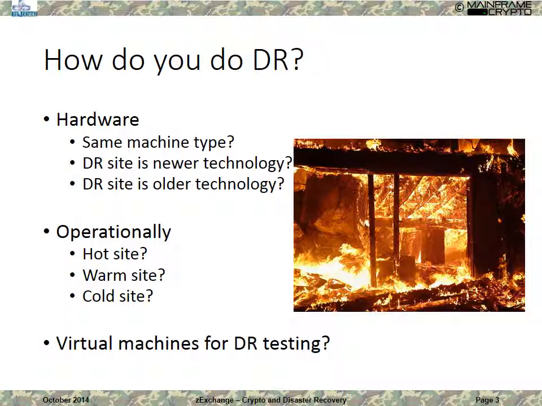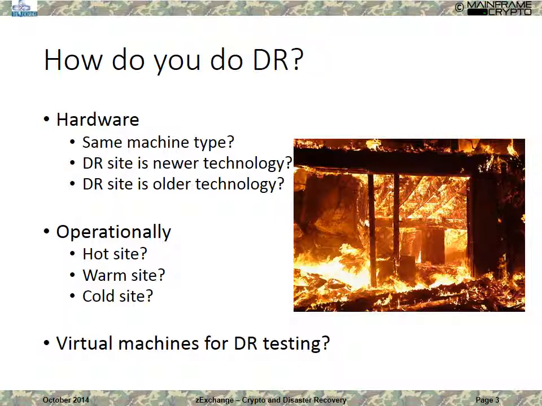But even more basic than that, you also have to consider the hardware platforms that you're running on. And the reality is, even if you're running identical hardware in production and DR, maybe you're running a zEC12 in production and you have a zEC12 at your DR site, if they're not identical down to the microcode level, then there's a possibility that you could have functionality at the production site that you don't have at the DR site or vice versa.